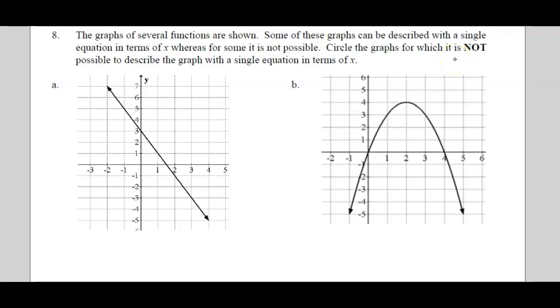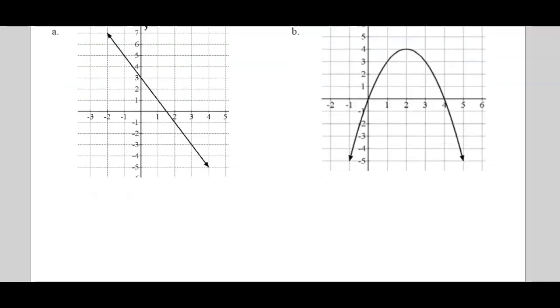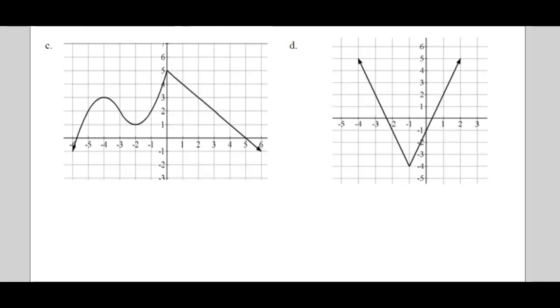Okay, next one, quadratic. That's back to Math 20. So yep, I can come up with the equation. Doesn't say to do that, so I'm not going to circle that one. Next one, don't know what the equation of that is. What I noticed is that this left part here looks like a cubic, and this looks like a linear.